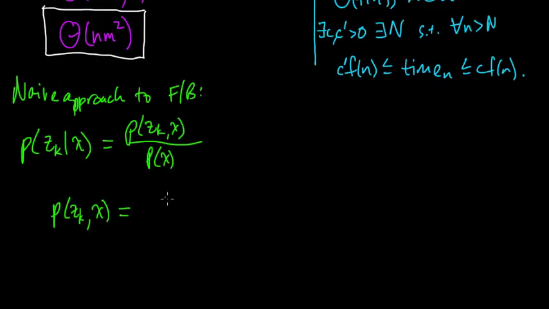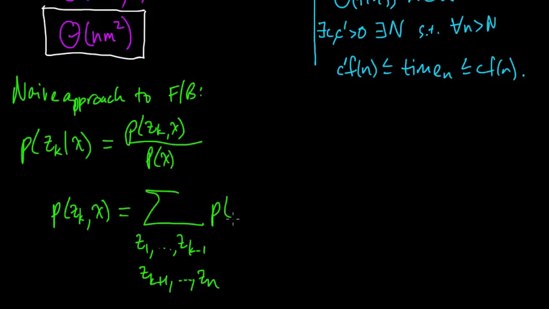Using the definition of the model, we would sum over a bunch of stuff to marginalize out all the things that aren't in this expression from the joint distribution. So we would have to sum, I'll make a big sum because it's over a lot of things, over all the z's, z1, z2 up to zk minus 1, zk plus 1, up to zn, of the joint distribution on all of them, x1 through n and z1 through n. And that would just be to compute the top.